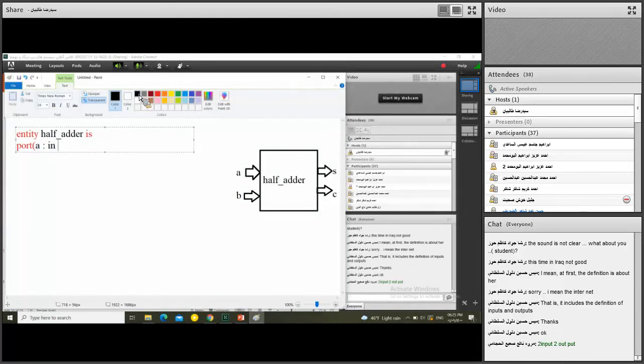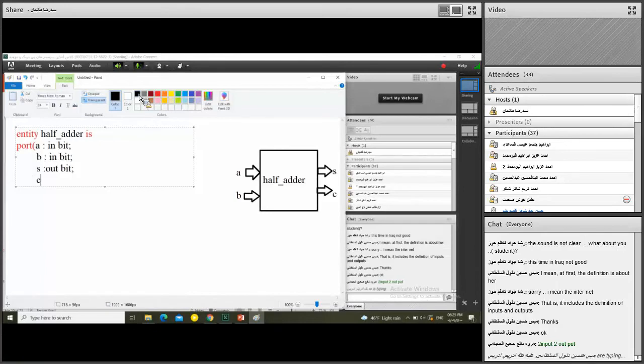Another thing, B. What about B? It is input and it is bit. Another thing, S. What about S? It is output. And what about the type of this? It is bit. And the last one, C. What about C?